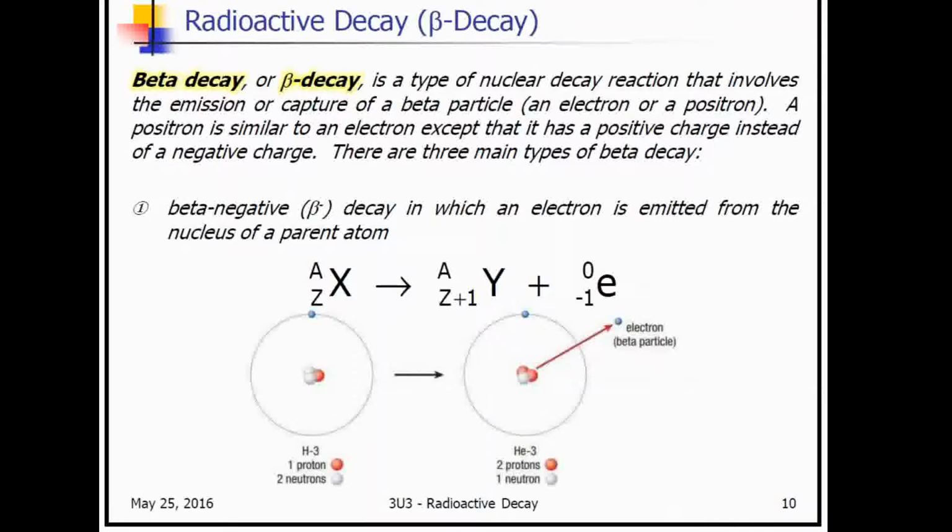So the hydrogen-3 ends up emitting an electron. Instead of having 1 proton and 2 neutrons, it then has 2 protons and 1 neutron, and becomes helium-3.